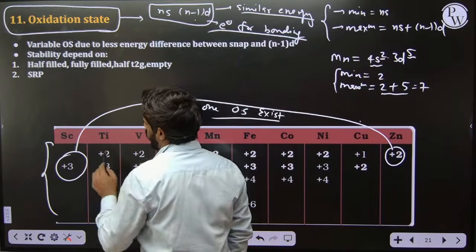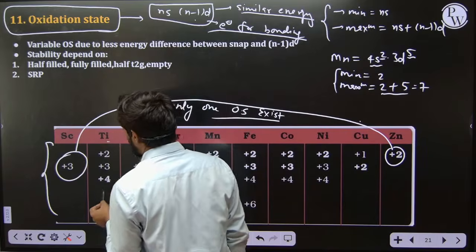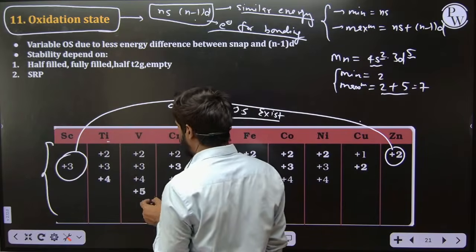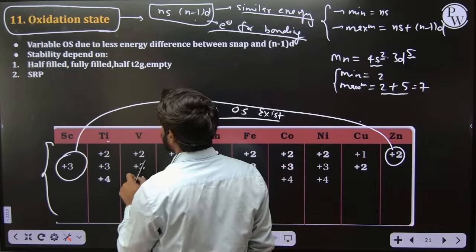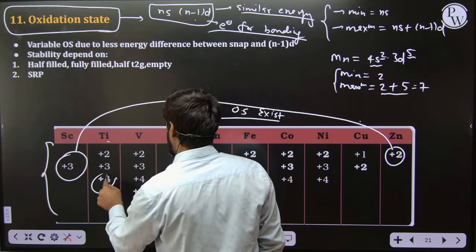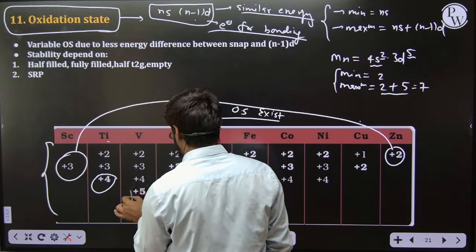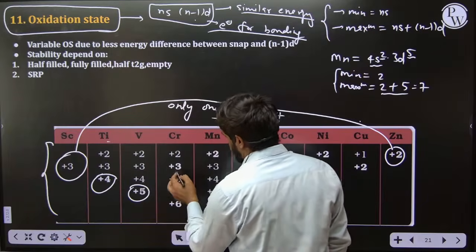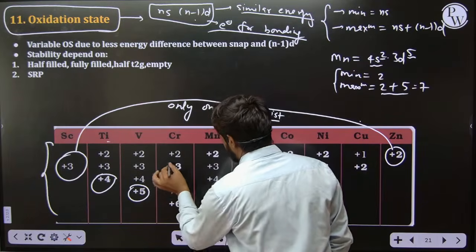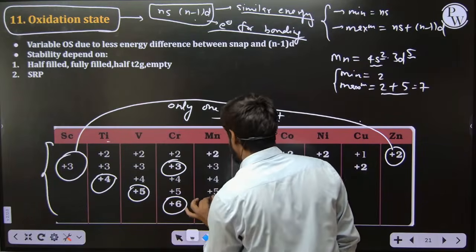For other elements, the stable oxidation state for titanium is 4+. For vanadium it is 5+, for chromium 3+ and 6+ are more stable.